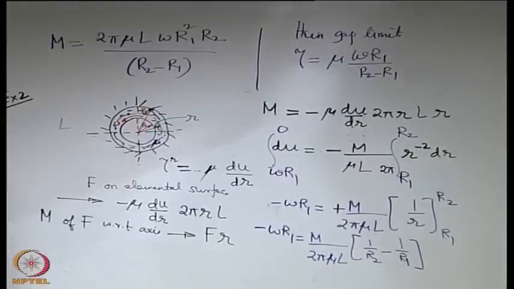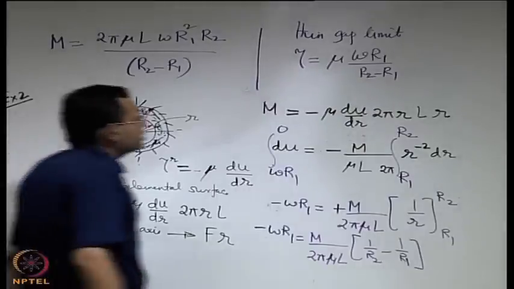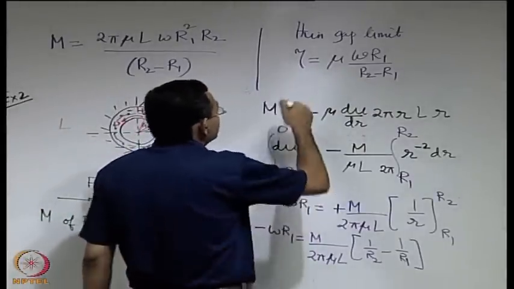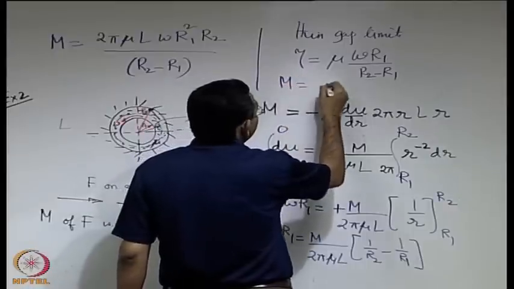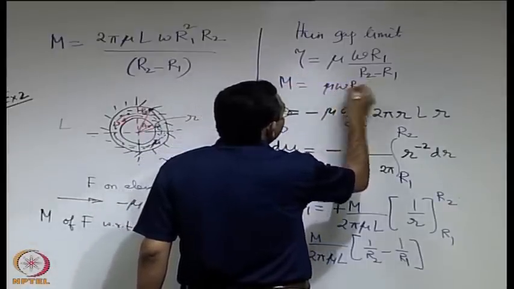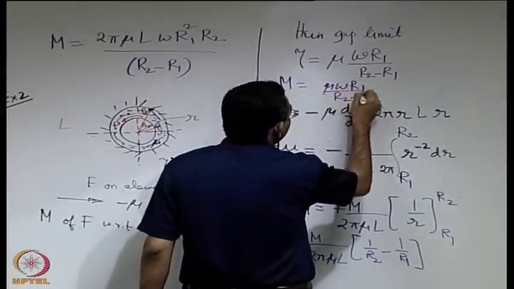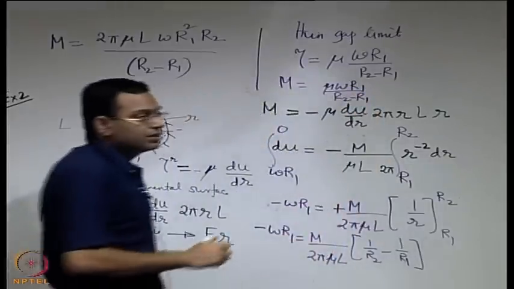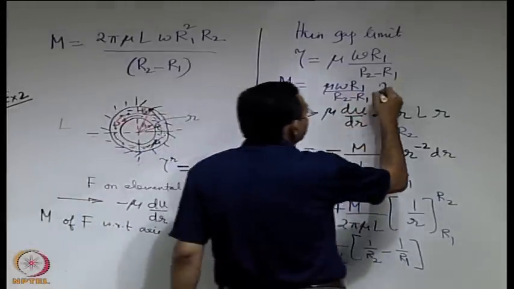If it is a linear velocity profile, it is just the ratio of the change in the two. So, if this is the tau, then what is the moment? M is equal to mu omega r1 by r2 minus r1, which should be multiplied with 2 pi.